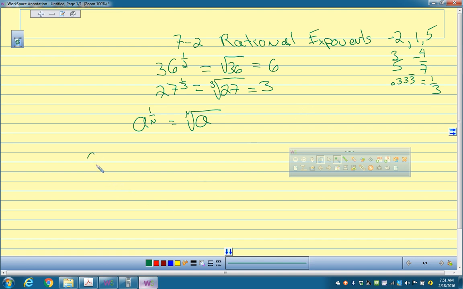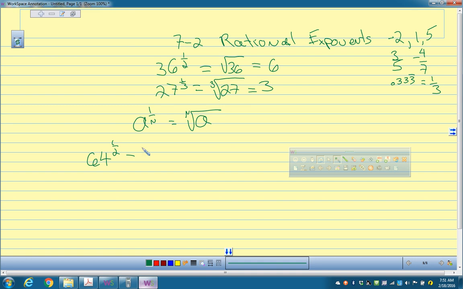Ready? 64 raised to the 1/2. Go ahead, write it down. You got it. Will, write it down. Calvin, write it down.